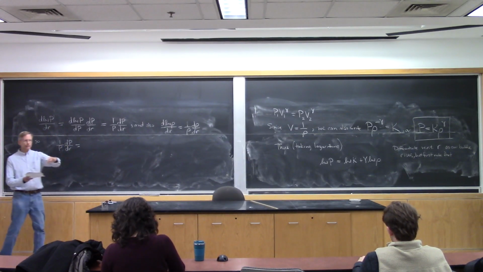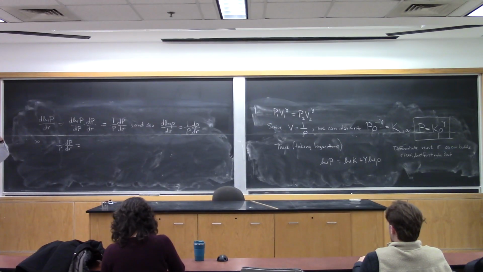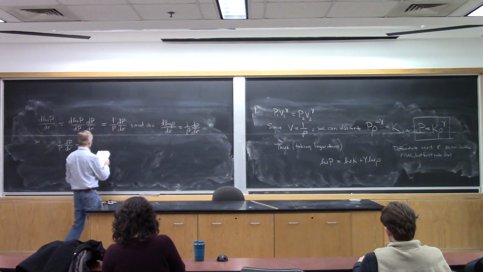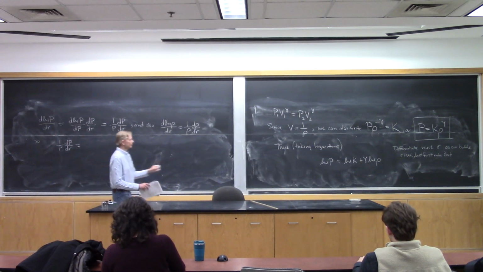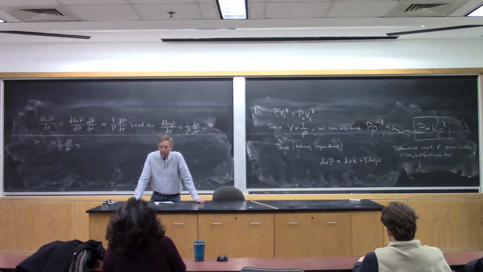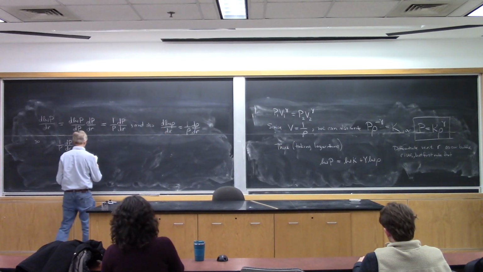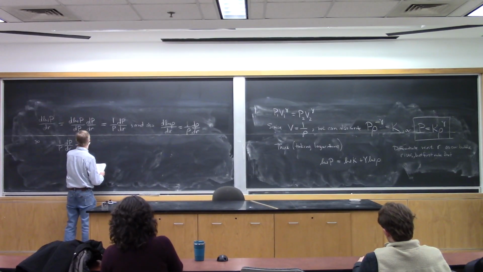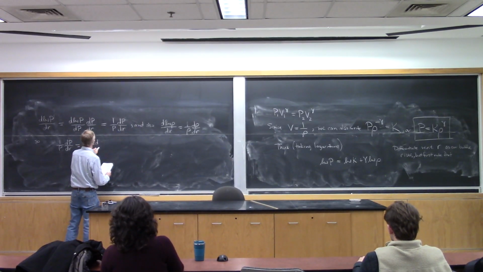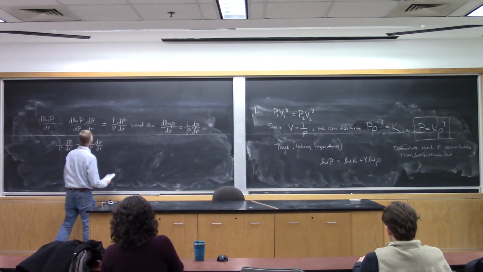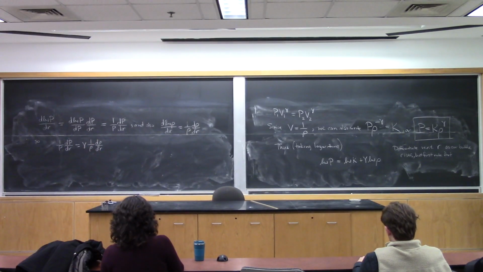So it's rising, its pressure is changing, and dp dr is the rate of change of pressure with respect to r as the bubble rises. 1 over p dp dr is equal to, what's the derivative of k? 0, because it's a constant, right? Is equal to gamma times 1 over rho d rho dr, the derivative of that expression over there.